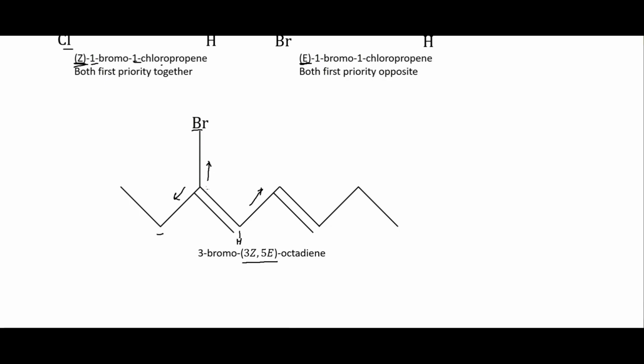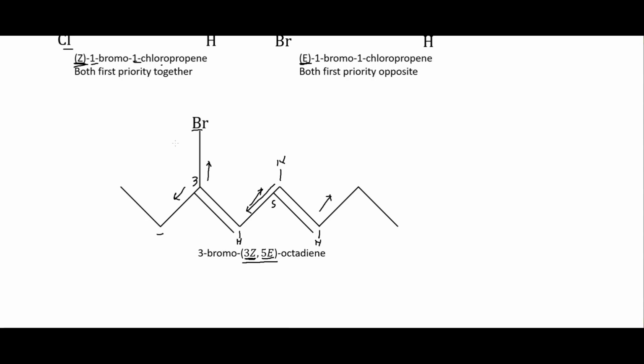And so this 3rd carbon right here is Z, so we put a 3Z there. But then we get to this 5th carbon right here. And so now this carbon going down this way is higher priority than this hydrogen, and this carbon is higher priority than this hydrogen. And so this 5th one is actually E, so it's 5E.